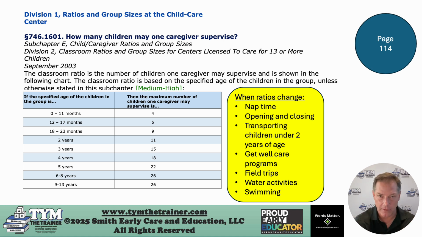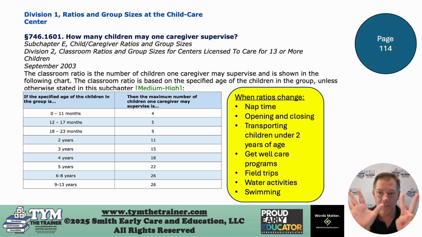If you're part of Texas Rising Star, or a nationally accredited program, you're going to be running lower child-staff ratios, fantastic. But sometimes, especially with us still navigating this workforce crisis, being able to default to state ratios is a nice luxury to have. But if you can exceed, that's best case scenario.